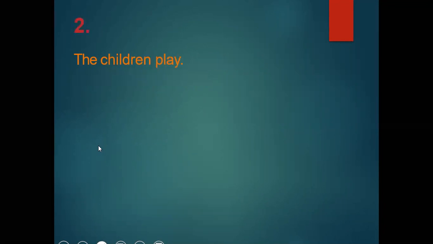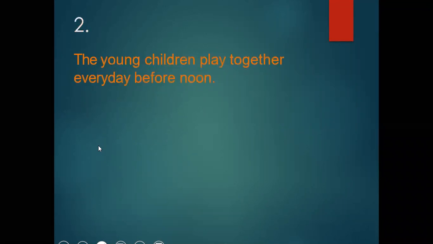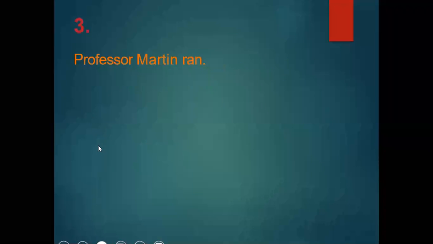Okay. Now I have a sentence here called the children play. But if I add here, the young children played together every day before noon, it makes the sentence much more interesting. It makes the sentence easier to read, and it has a little more detail to it.